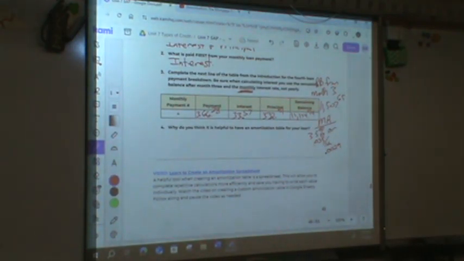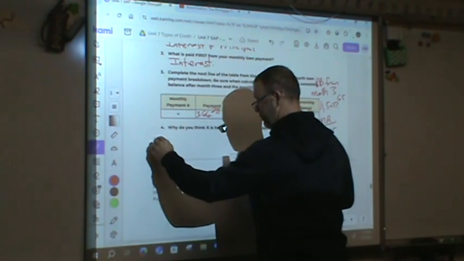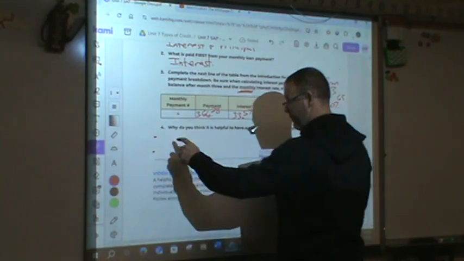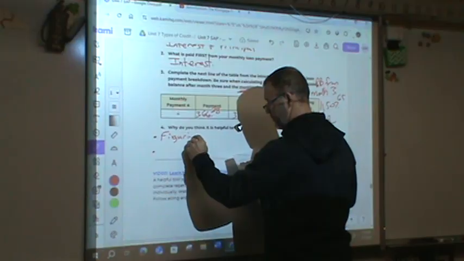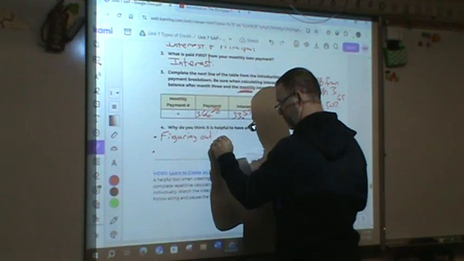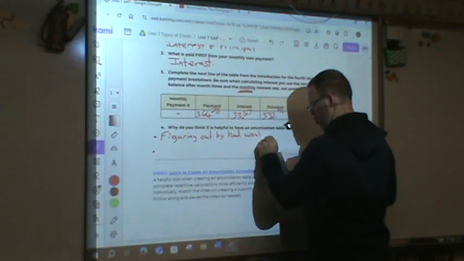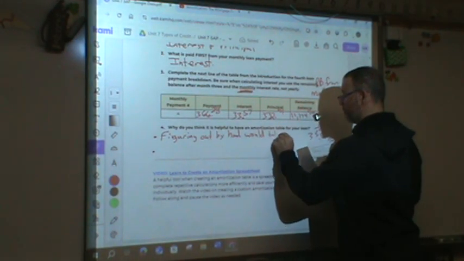Okay? Do you think it's helpful to have an amortization table for your loan? Why? Well, there's a couple of reasons. Figuring it out by hand would really stink. It would take a long time.